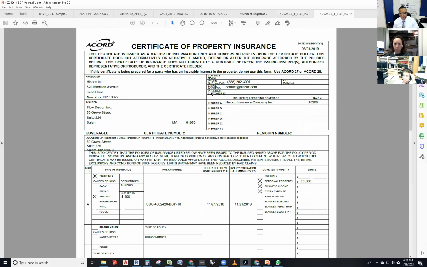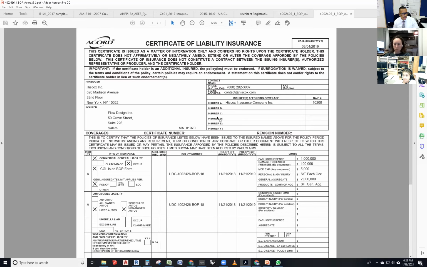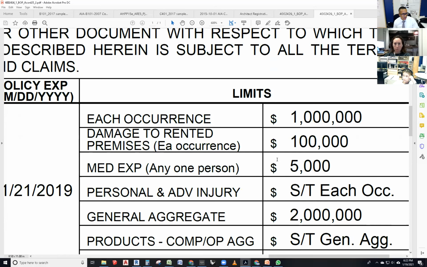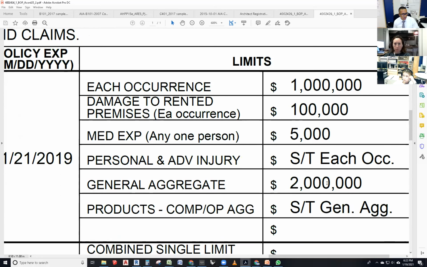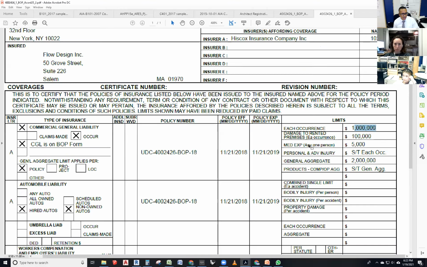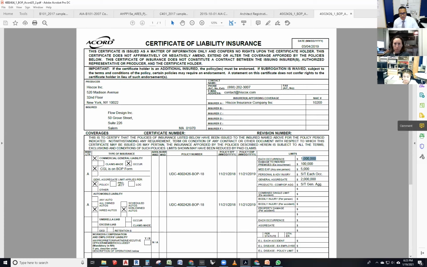Then the certificate of liability insurance looks like this, and you see how it says 1,000,000, and then 5,000 for any person, and then 2 million for general aggregate. That's the aggregate right here, and this is 1 million. So these are the limits. This is what they're talking about, and this is the certificate of liability insurance.